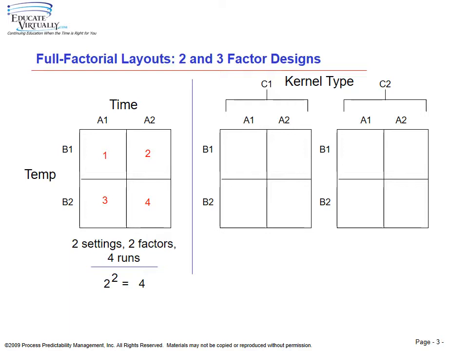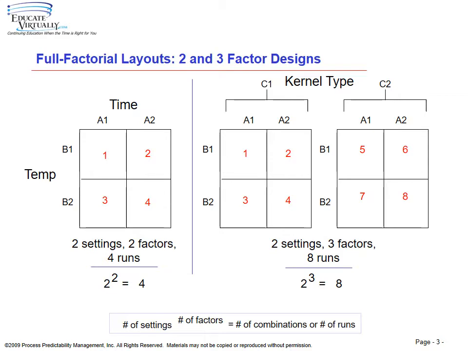This results in 1, 2, 3, 4, 5, 6, 7, 8 possible combinations of three factors at two level settings. So that's two settings raised to the three factors gives us 8 possible combinations. So the number of settings raised to the number of factors is the number of combinations or the number of experimental runs.